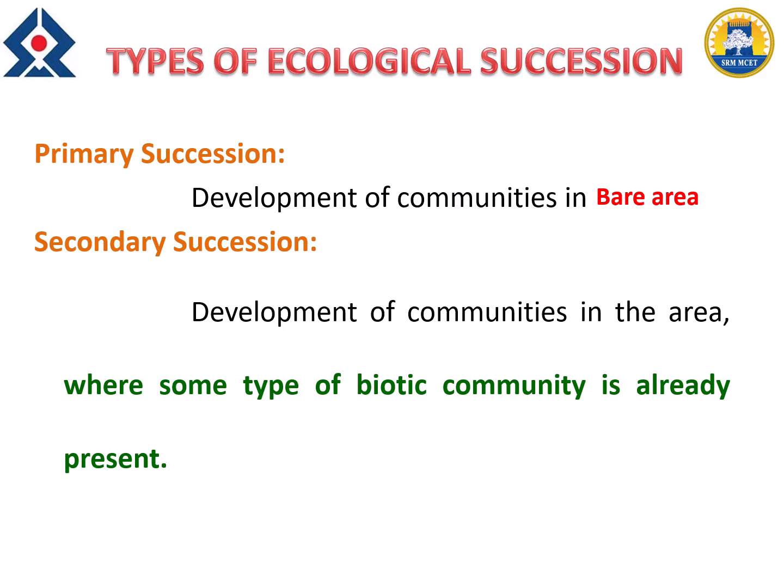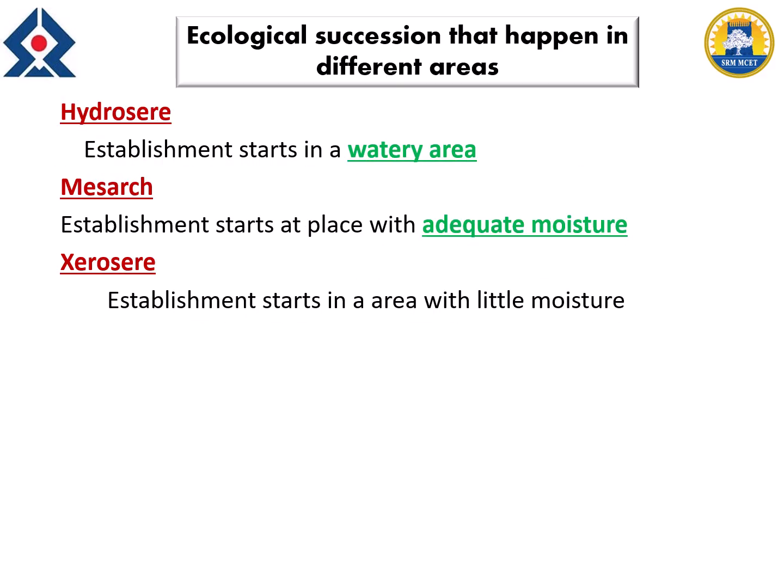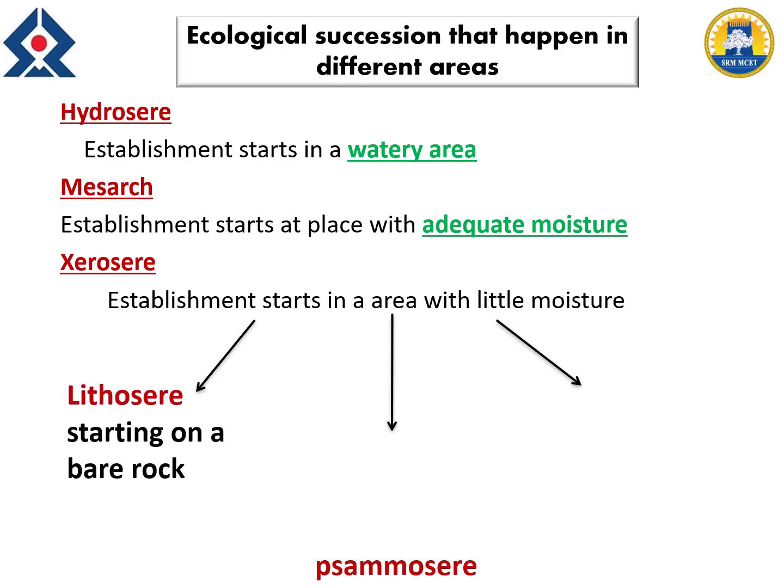In secondary succession, some biotic community is already present, and there is a change in it, and then a dominant species will remain. That is called secondary succession. So from this we can understand there are different types of succession based on where it starts.